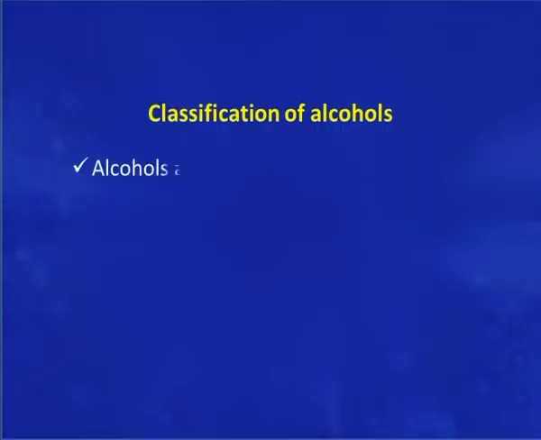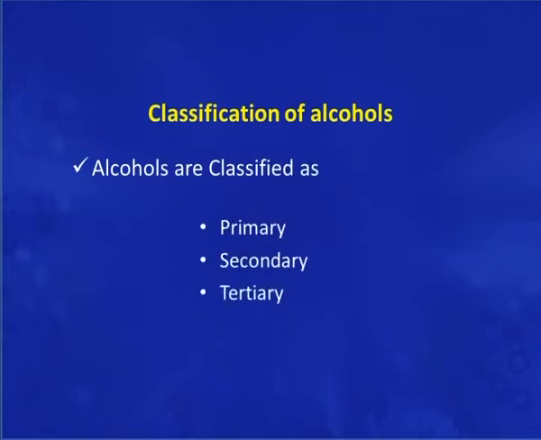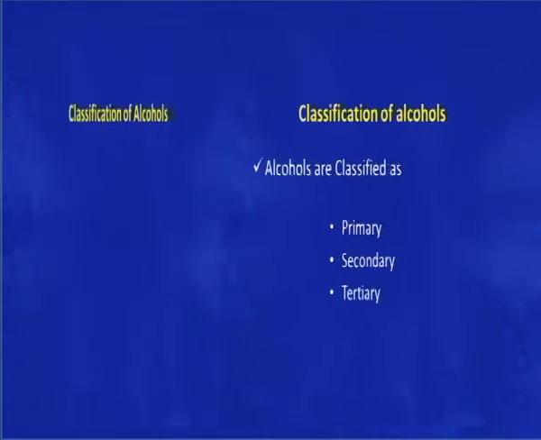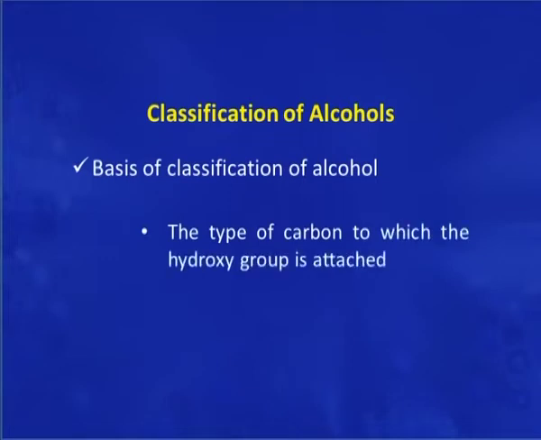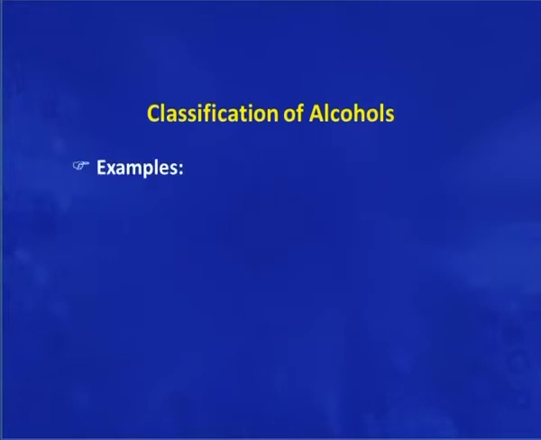The easiest way to classify them is in three categories: the primary alcohol, the secondary alcohol, and the tertiary alcohol. The basis of classification of alcohol is the type of carbon to which the hydroxy group is attached. As you can see from the examples here, a primary alcohol is one in which the hydroxy group is attached to a carbon having two hydrogens.